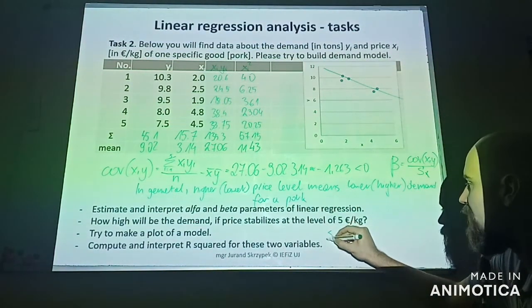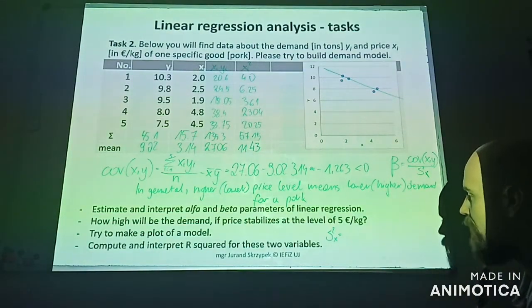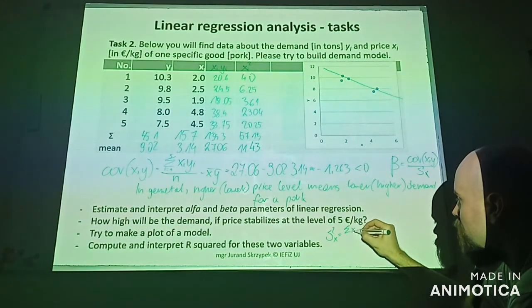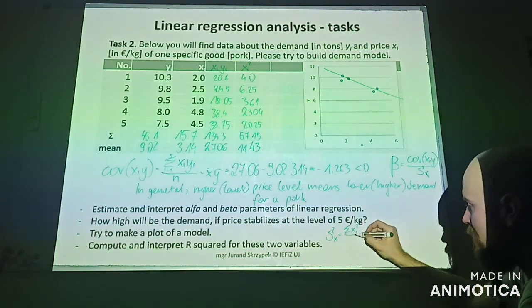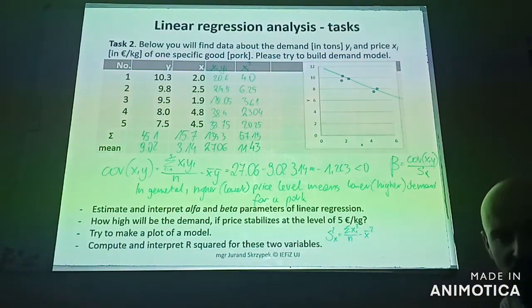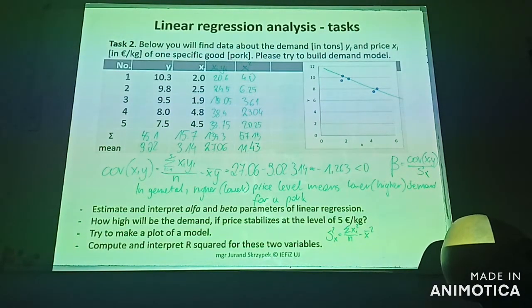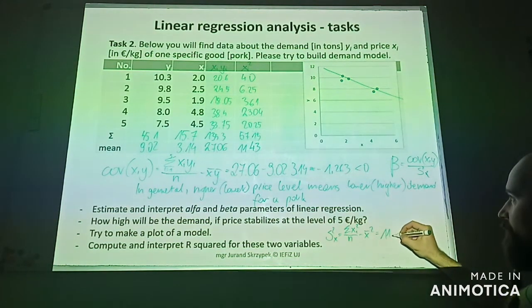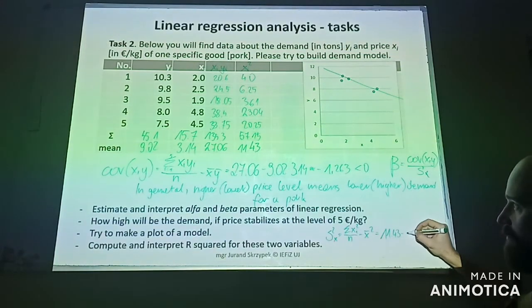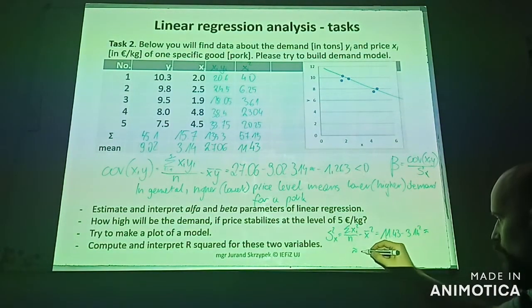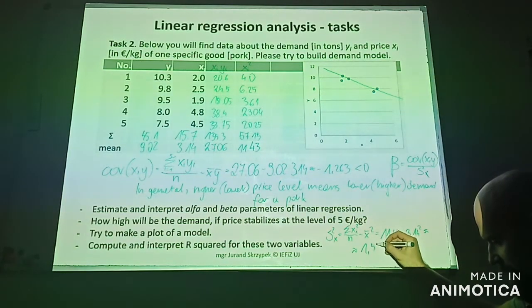And then we can compute the variance of x, which is the sum of squared values of price divided by n minus the mean value of x squared. In our example, 11.43 minus 3.14 squared gives us approximately 1.570.